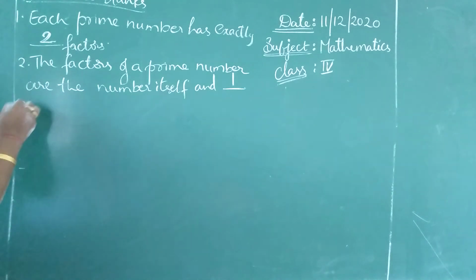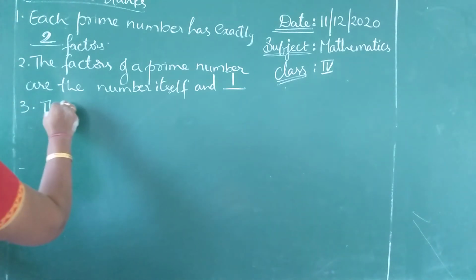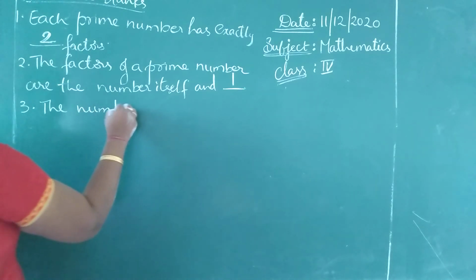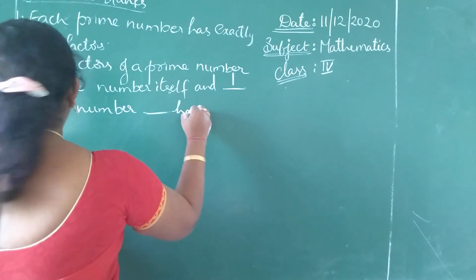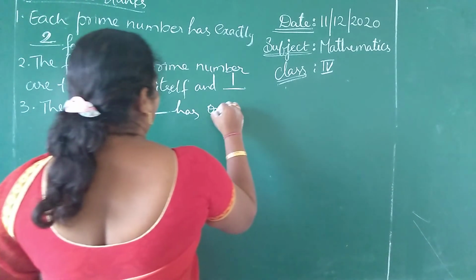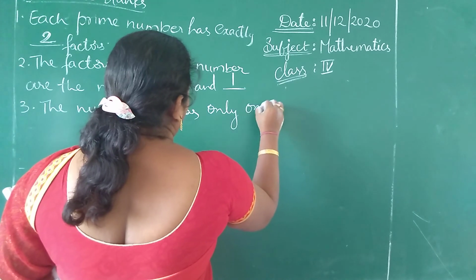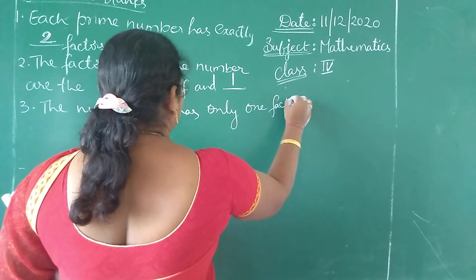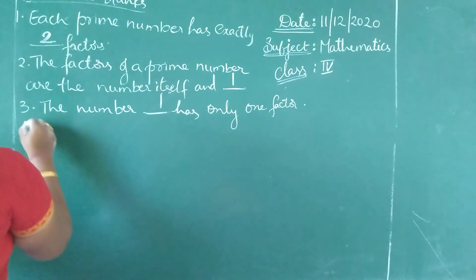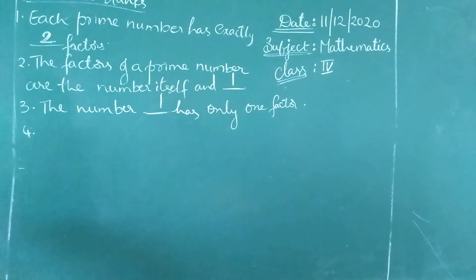See the third one. The number dash has only 1 factor. Which number has only 1 factor? The number 1 has only 1 factor.